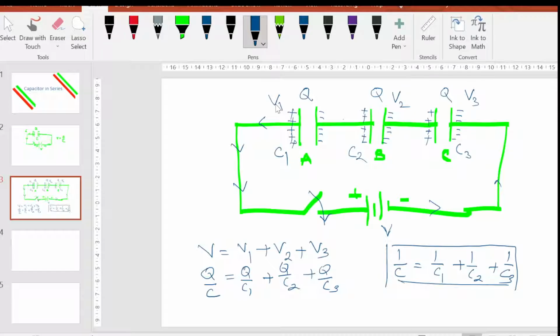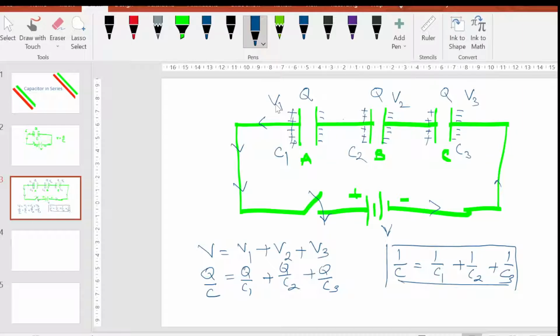The reason behind that, once again I will explain. Initially when we switch on the battery, electrons will be pulled from the first plate of capacitor A, then equal charge will appear here. Why equal charge? Because this is positive, so equal charge will appear here. Why will this negative charge appear?